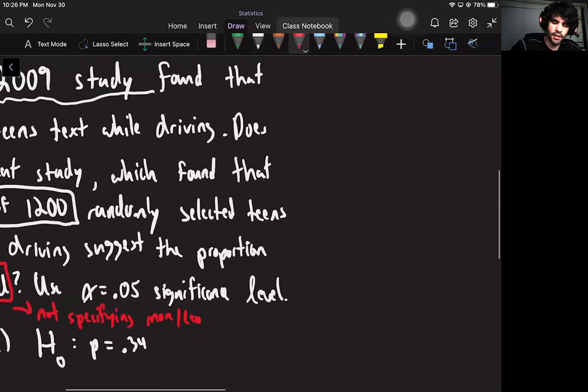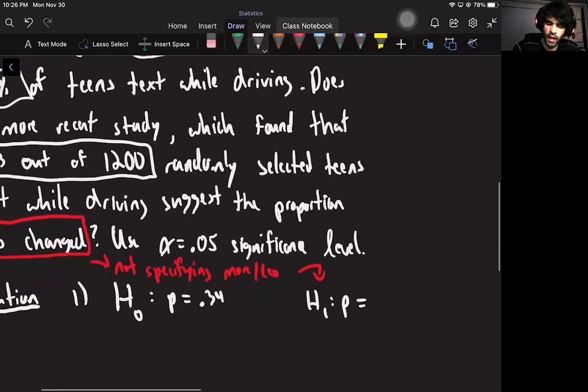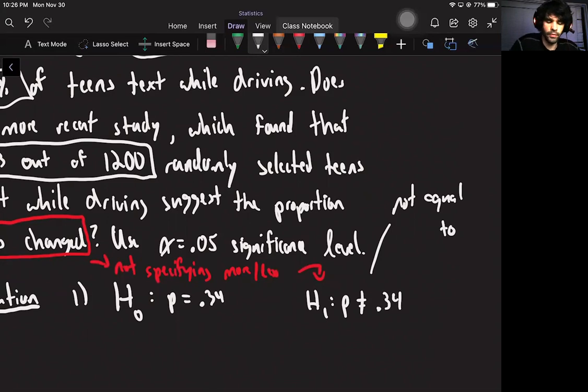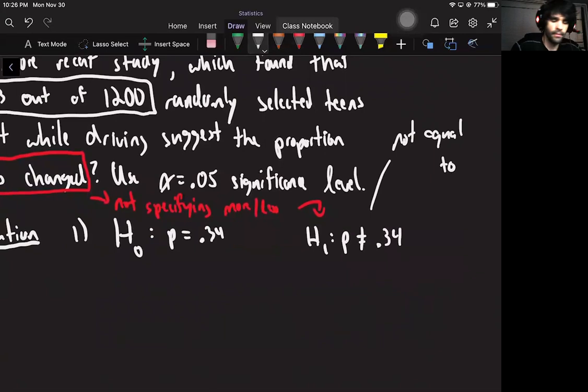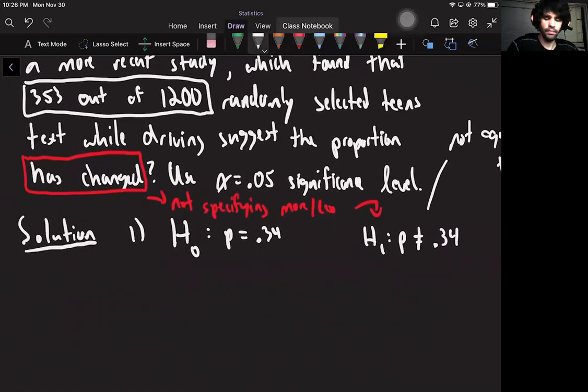And so that's going to tell us that our alternative hypothesis is that the proportion is just not equal to, which we write like that, 0.34. We don't know if it's more or less. We're just saying it's not 0.34. We think 0.34 is wrong. That's the alternative hypothesis. Okay, so that's the main difference on this type of problem.